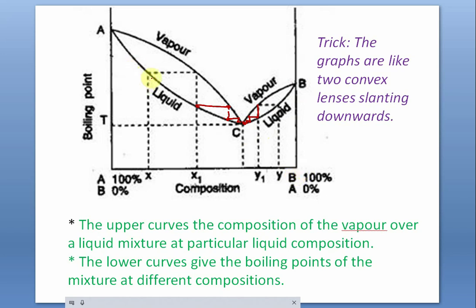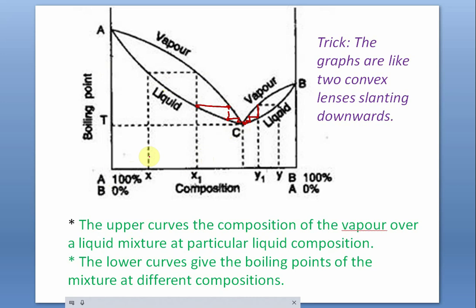Similarly, if you choose any composition to the left of C, that is less than 95.6% of ethanol, then on fractional distillation, the distillate will give you the same azeotrope and conversely, the residue will give you pure water or the pure less volatile component.